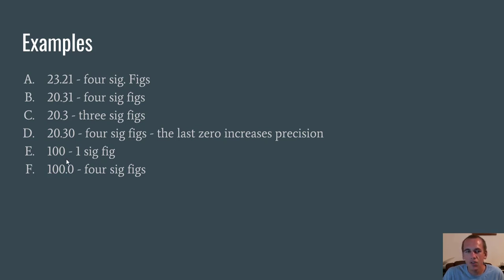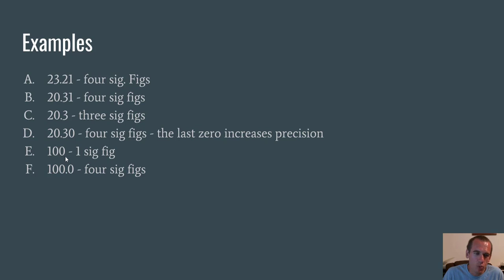So unless we're told explicitly that this is precise to the ones place, then this has 1 significant digit. And we could actually write this as 1.00 times 10 to the second if we wanted to make sure that those zeros were precise.